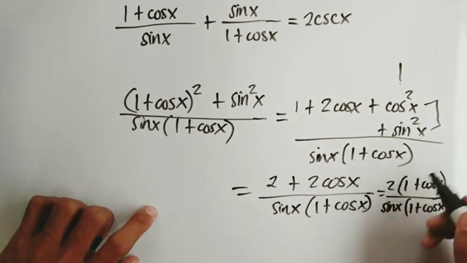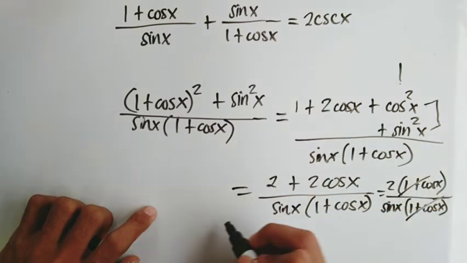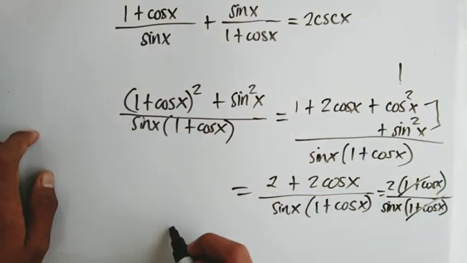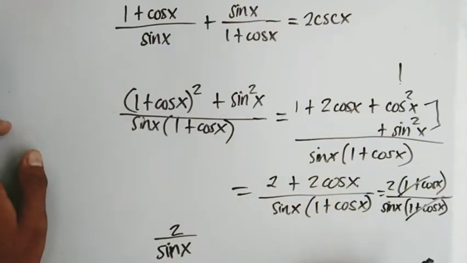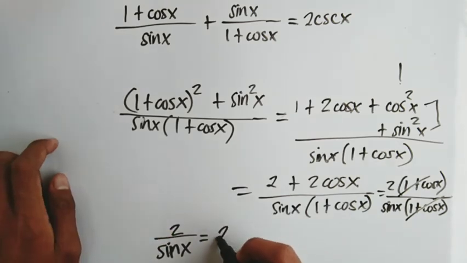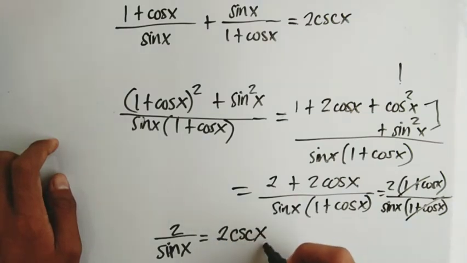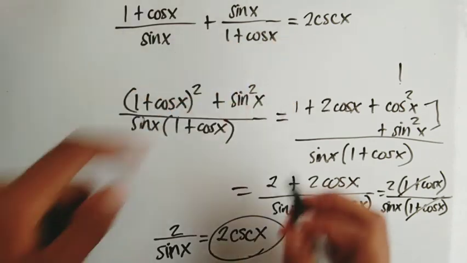Makikita nyo na makakancel. So ang tira na lang sa atin is 2 over sine x. And according to the reciprocal identity, di ba ang 1 over sine x is cosecant x? So meron tayong 2, pwede natin siya i-copy, and cosecant x. Since parehas, verified.